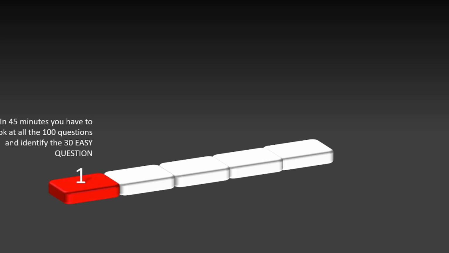These easy questions that I am describing may not be in the first 30 questions, or in the middle, or in the end. The UPSC examiner is not that easy to generalize like that. But they will have these easy questions distributed all across the question paper from 1 to 100.